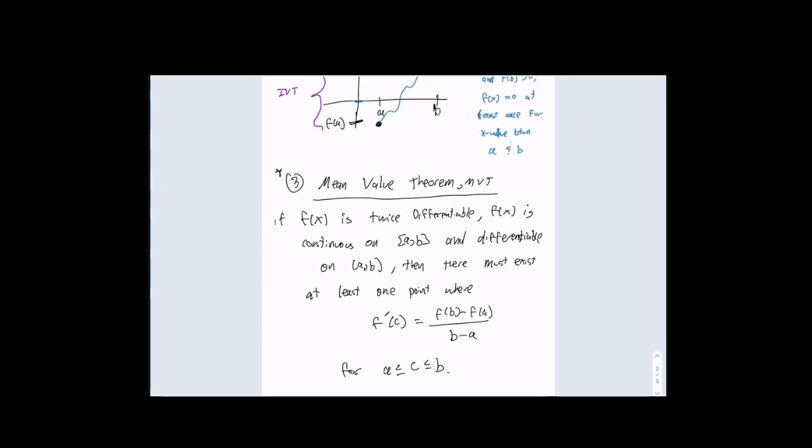And MVT just says that the tangent slope will equal the average slope at least once. I'll go into more detail later. The existence theorems are all based on the premise of at least once there exist, hence the existence theorems.